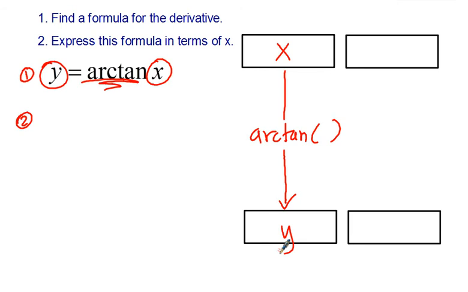Well, can we run that process in reverse? Arctan is really the inverse function, so let's run it in reverse through the ordinary tangent function. If we start with y as an input and run it through the tangent function, we should produce x as an output. Everything I just said requires an understanding of inverse functions and inverse trig functions.